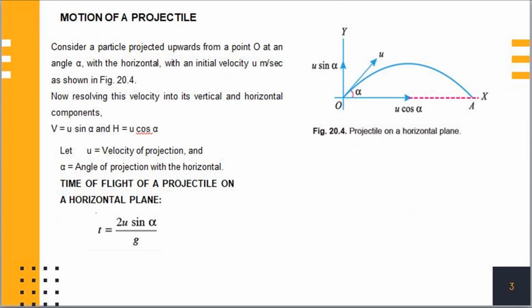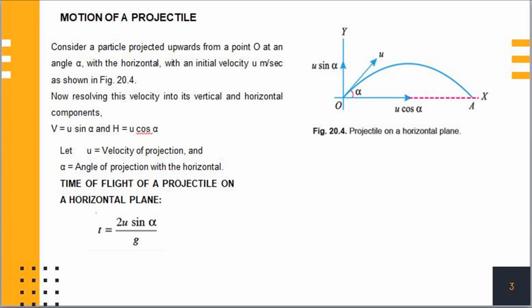We know that the vertical component u sin alpha is subjected to retardation due to gravity. The particle will reach maximum height when the vertical component becomes 0. After this, the particle will come down due to gravity, and this motion will be subjected to acceleration due to gravity.